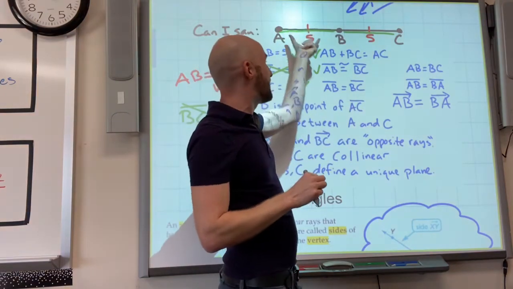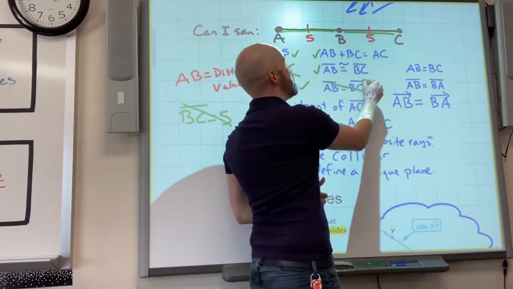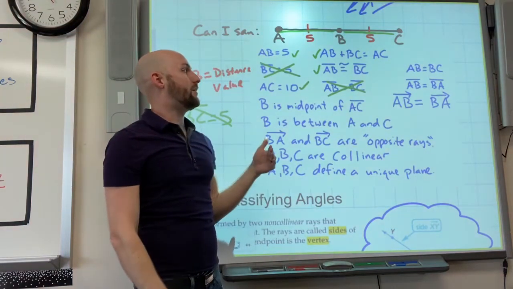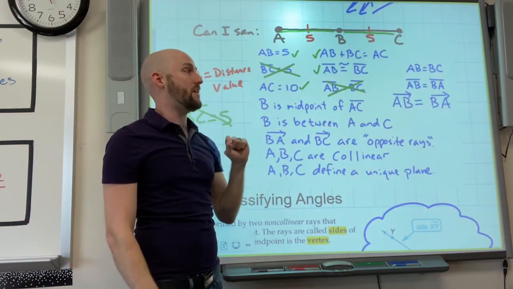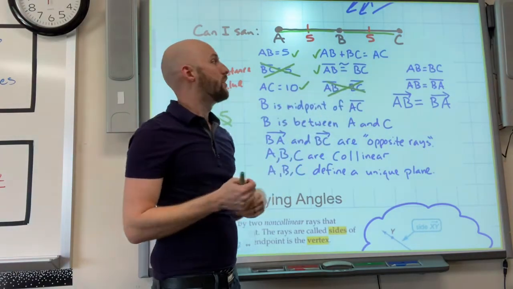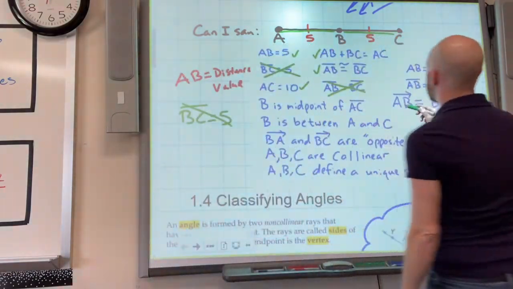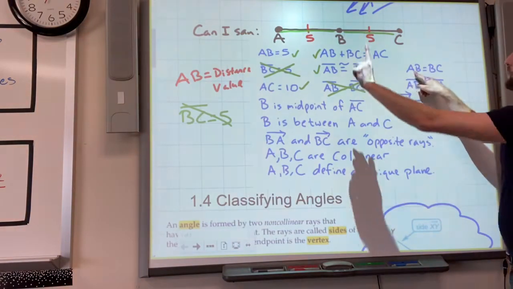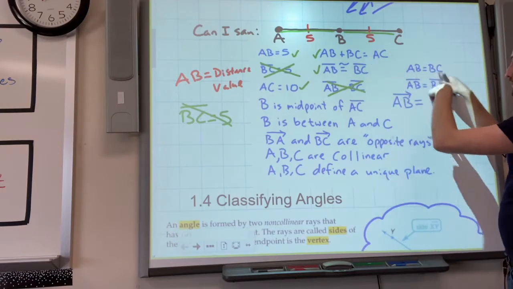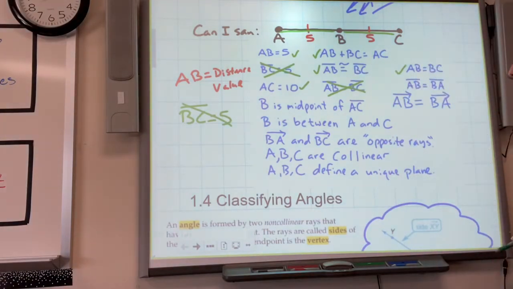Is this ink the same as this ink? No. So that's the difference: an equal sign says that they are the same thing. Congruent says that they are the same size as each other. Can I say that the value or the distance from A to B is equal to the value from B to C? Do those distances equal each other? Yes.